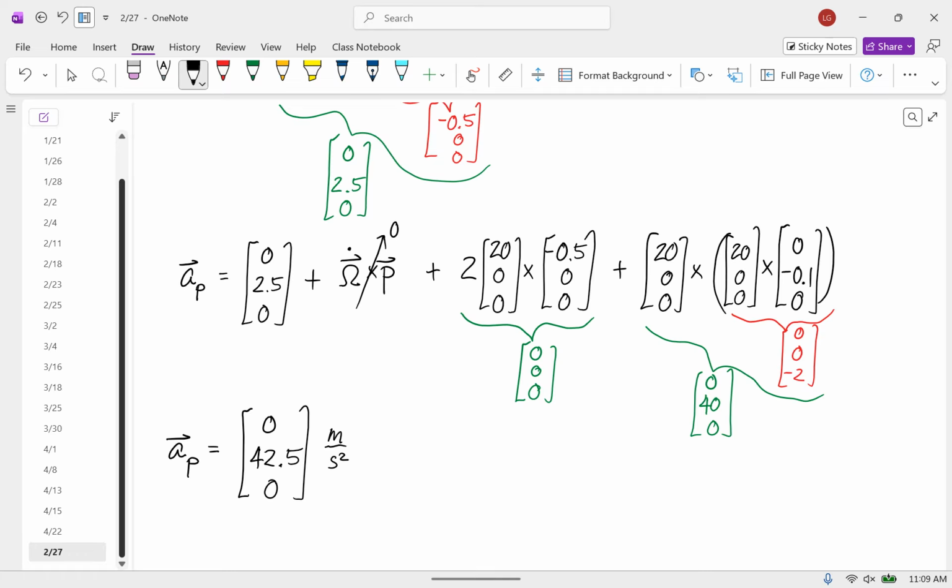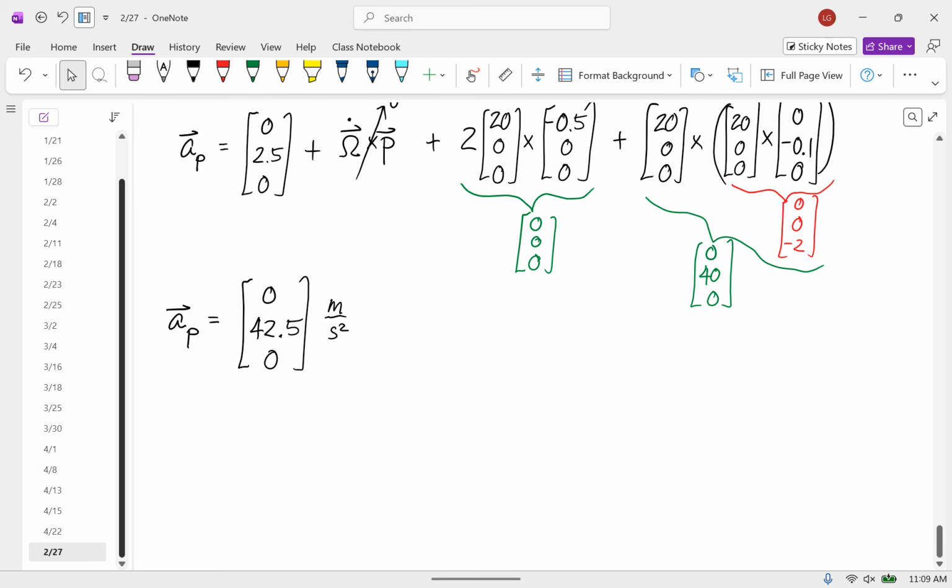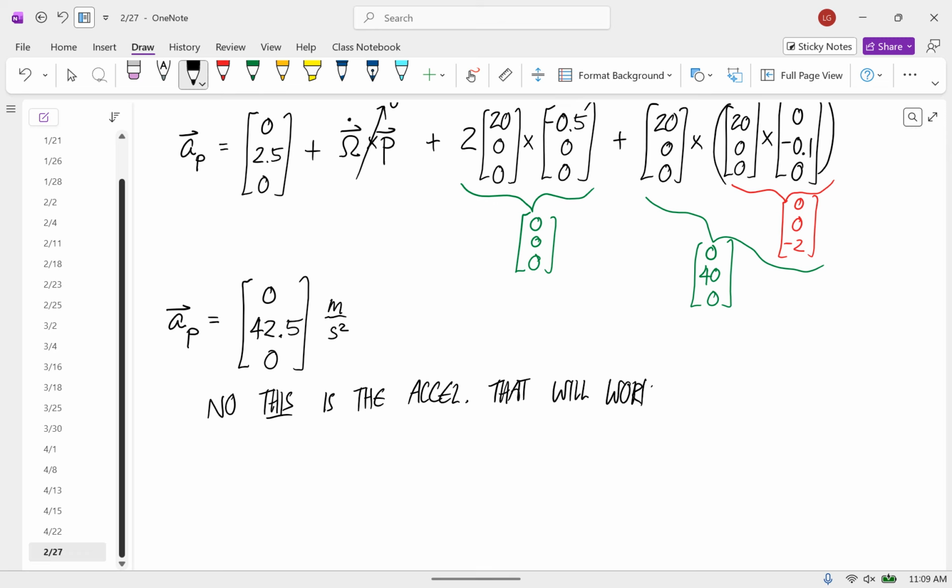If you had used that observed acceleration in Newton's laws, you would have gotten the wrong answer. But this one will work. So this is the acceleration that will work in Newton's second law, specifically.